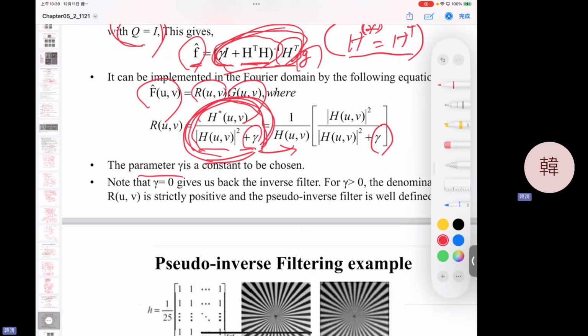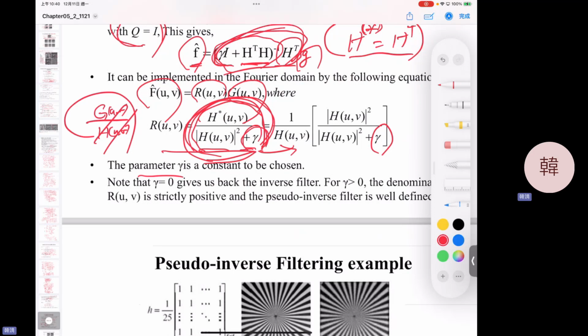Because our inverse filter is just like you do this: you just take G(u,v) divided by H(u,v), right? This is the traditional inverse filter, but we have seen that the result is very poor, because you enlarge a lot of the raw message there, especially the noise. So we do some pseudo inverse, so some parameter occurs here, the gamma.